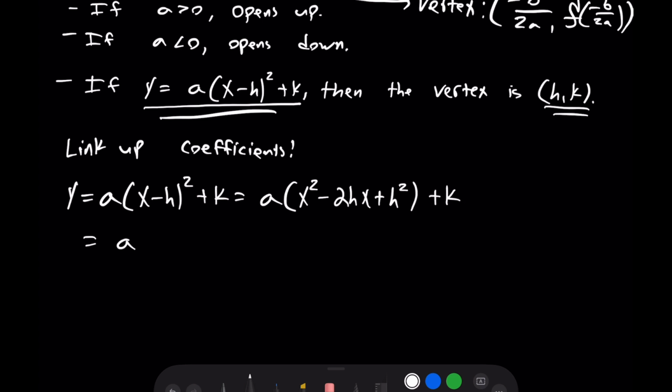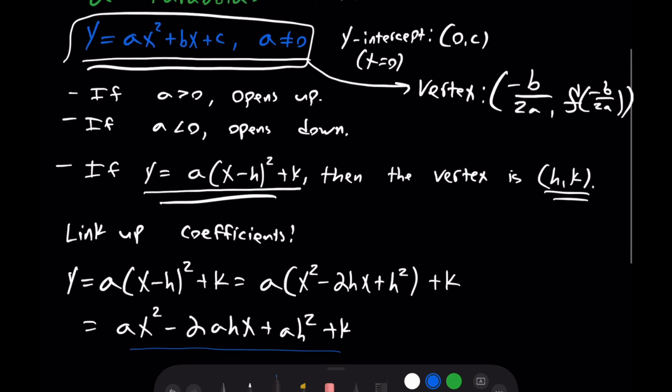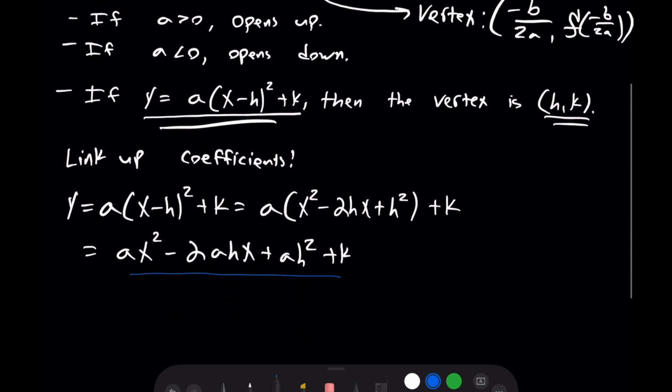And that's just ax squared minus 2ahx plus ah squared plus k. And then we're going to take this equation here and link it up with the y is equal to ax squared plus bx plus c. So we'll set that equal to ax squared plus bx plus c.